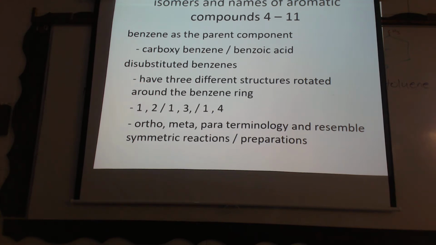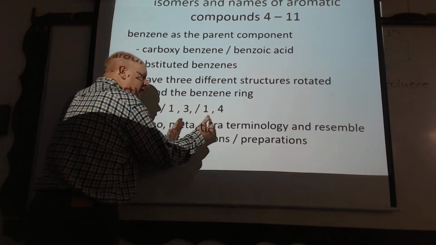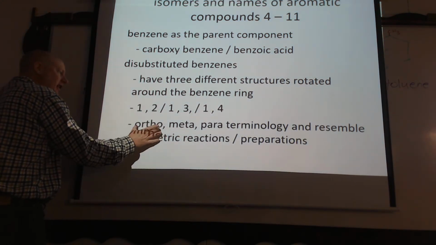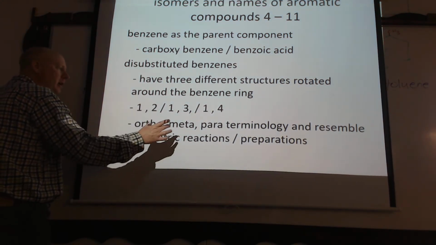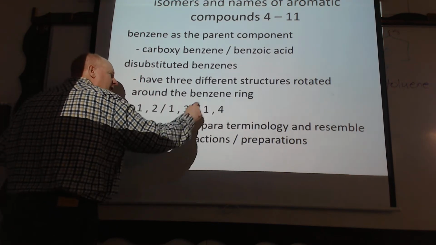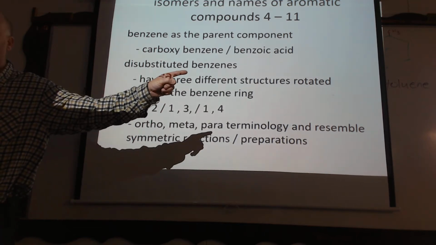So, and this is where we left off yesterday. And these go in the same order that you see them. Ortho designation is 1,2. Meta is 1,3. And then para is 1,4. This is the only one that is straight across from one another.